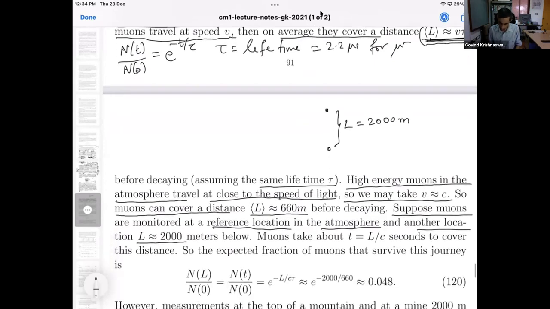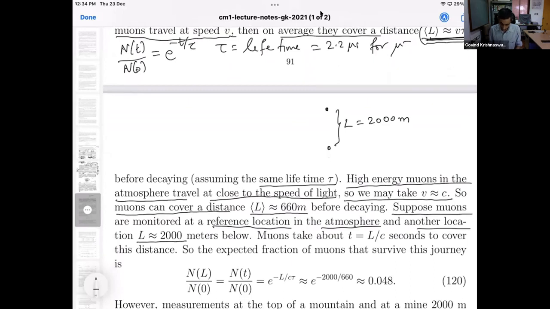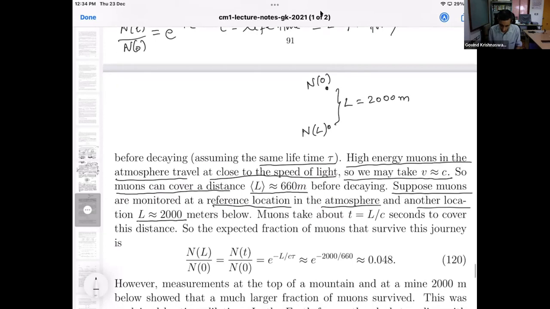Now suppose you monitor the number of muons at the original height and also after they descend by height L. We'll call those n of 0 and n of L. Now, how long do muons take to cover this distance?